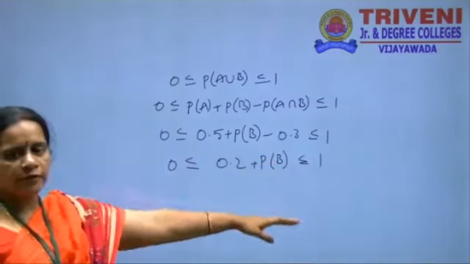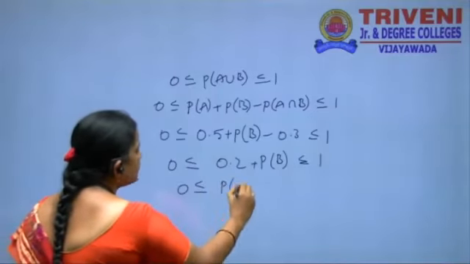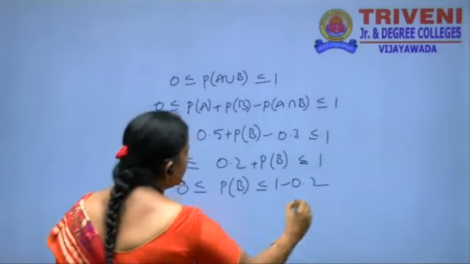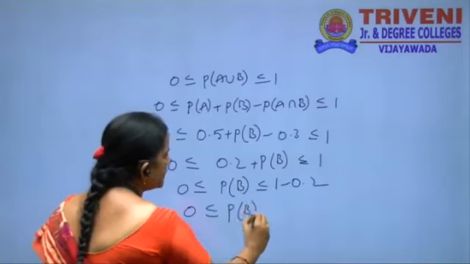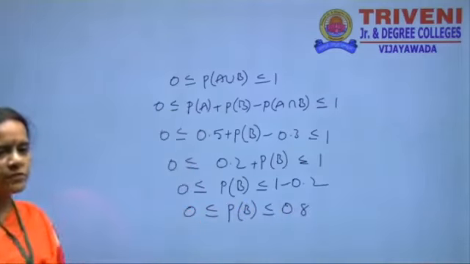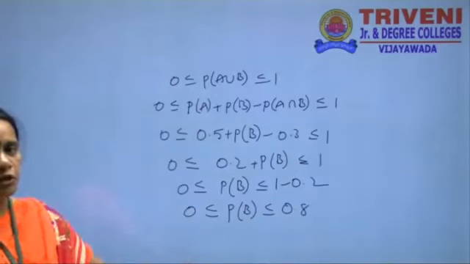Then take 0.2 to the left hand side. 0 less than or equal to P of B less than or equal to 1 minus 0.2. So 0 less than or equal to P of B less than or equal to 0.8. Here the probability of P of B lies from 0 to 0.8.